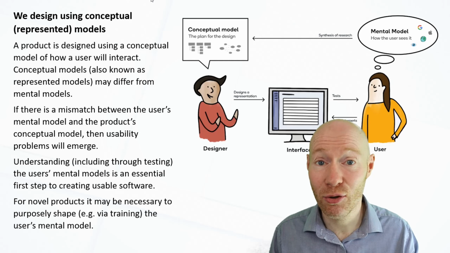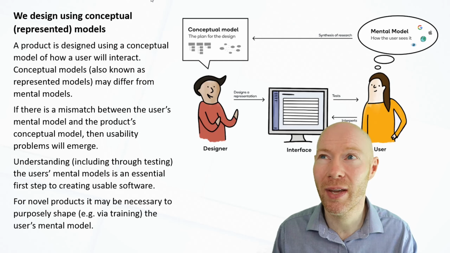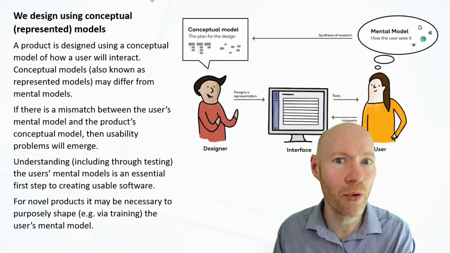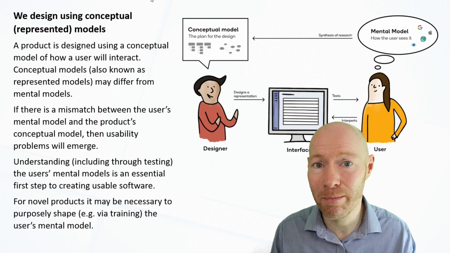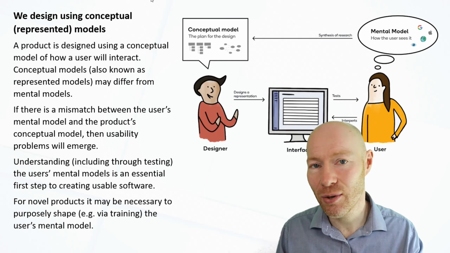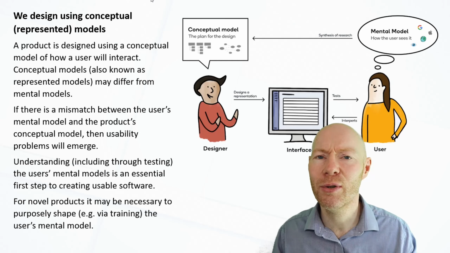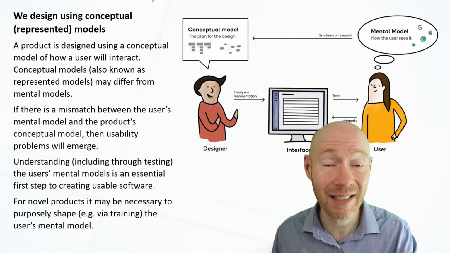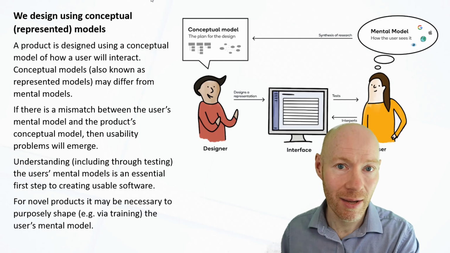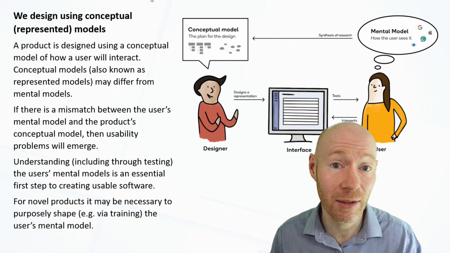If you have something that is truly novel, where you think this genuinely is new and inventive, the user is unlikely to have a well-defined mental model for it. Then you want to think about how you shape, influence, and develop the user's mental model so it maps well onto the conceptual model that is being designed with.